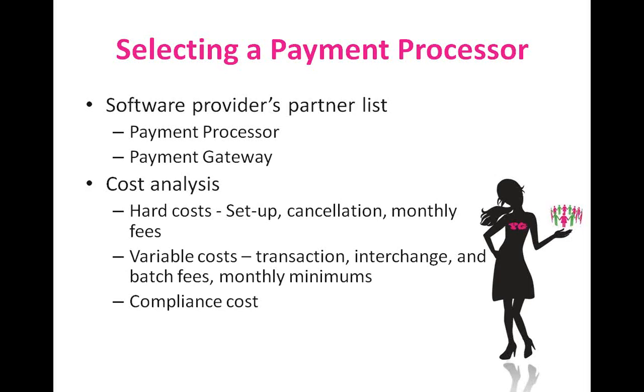The variable costs, of course, are based on transactions. So the interchange fee, which is the percent that you pay on the pledge amount, is important, and that can change from Visa, MasterCard, Discover, American Express, and some providers offer a flat rate. So these are the types of things you need to look at in detail to compare and really see which payment processor is the best for you.